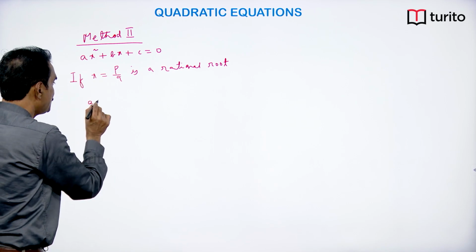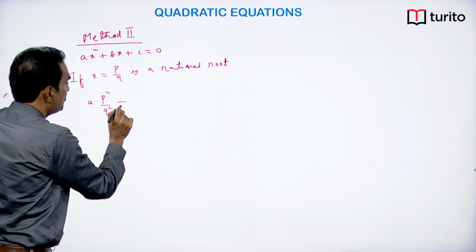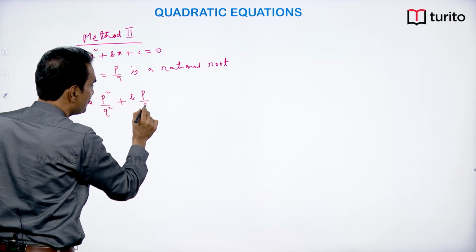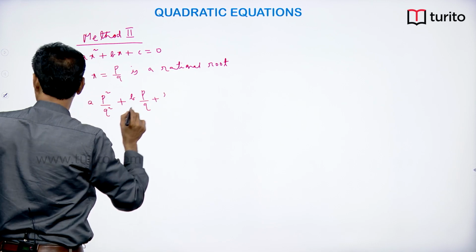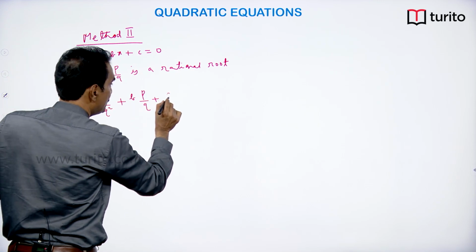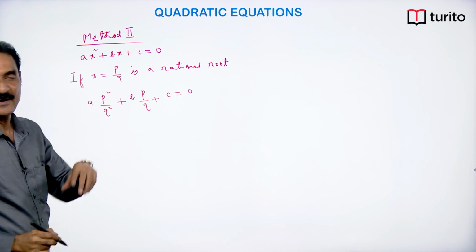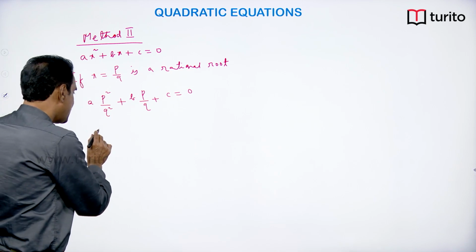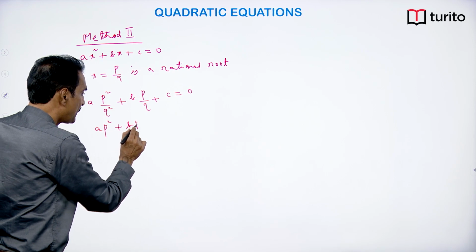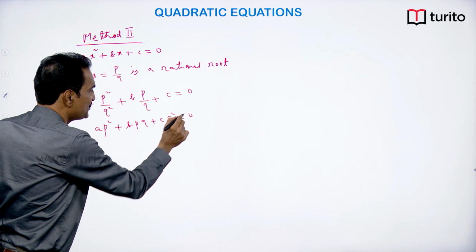So, a into p square by q square plus b into p by q plus c is equal to 0. You can multiply by q square on both sides. You will get ap square plus bpq plus cq square is equal to 0.